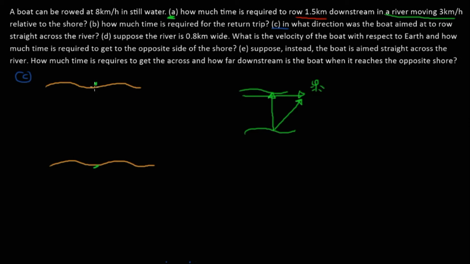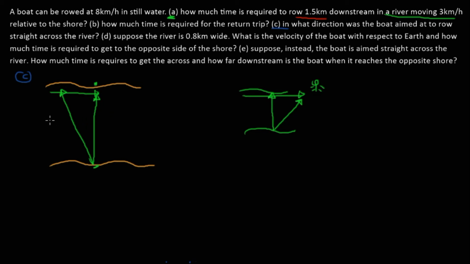In order to head straight across the river, I will need to bend it towards this manner. Then the movement of the river will affect it, and it will eventually bend towards this manner, so I will have a straight row across the river.